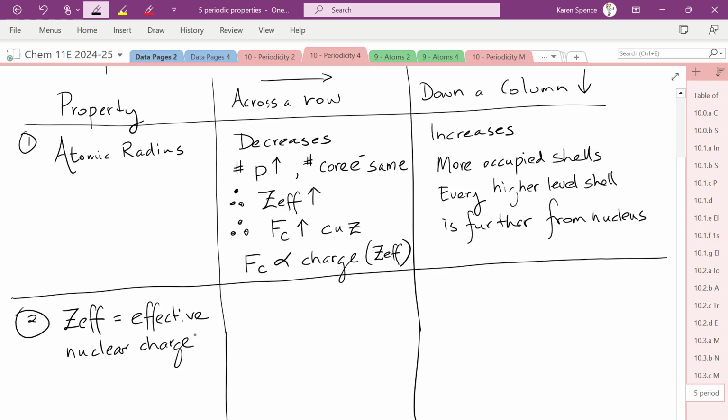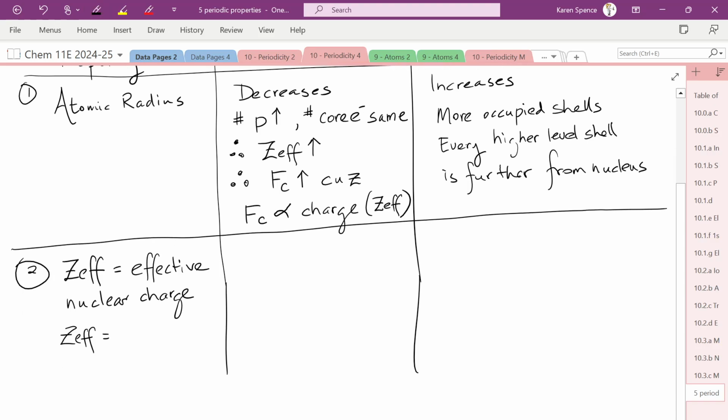How do we calculate it? Number of protons minus core electrons. And what happens to Zeff as we go left to right across the periodic table?